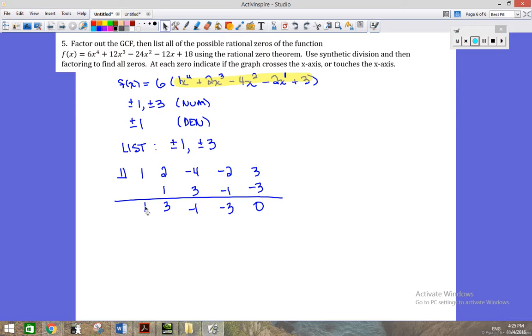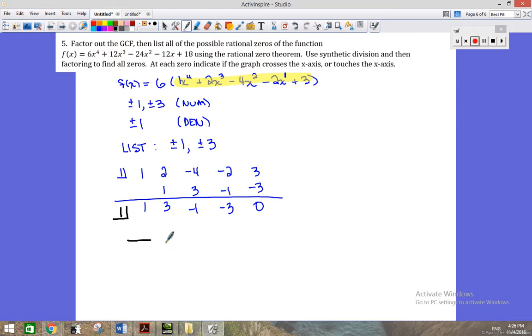The leading coefficient of 1 has factors of plus or minus 1. The constant term, negative 3, has factors of positive or negative 1, positive or negative 3. It generates the same list. In fact, the 1 might be a 0 for this. This could be a repeated root.